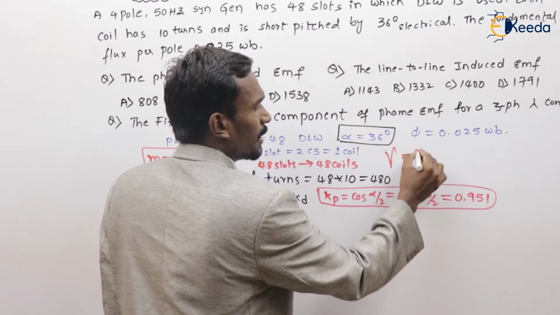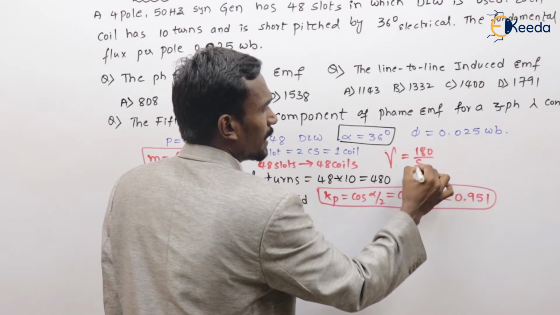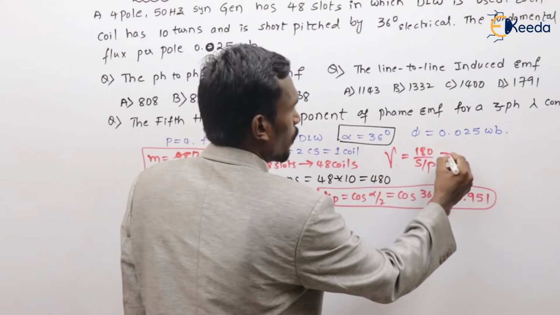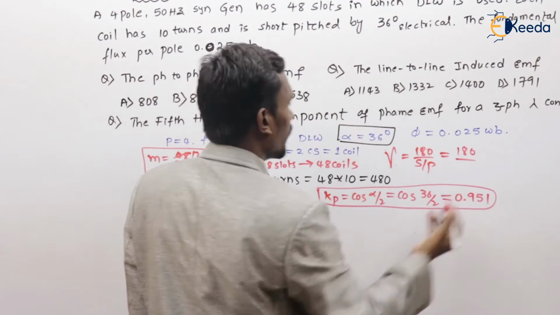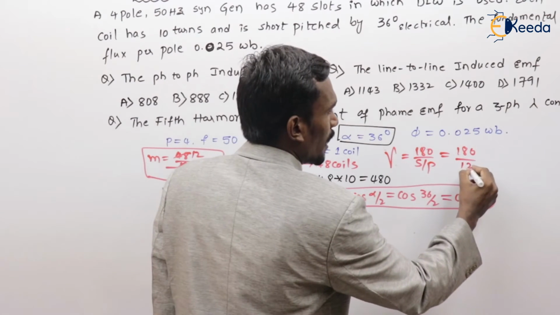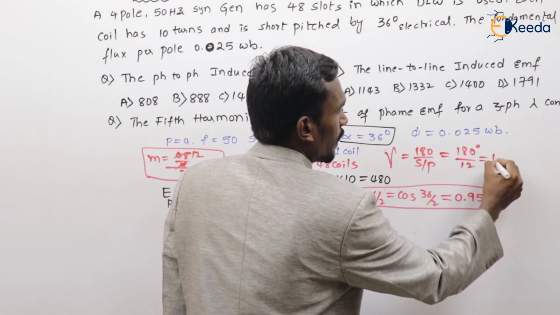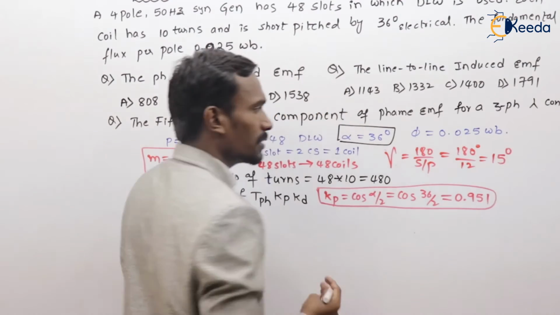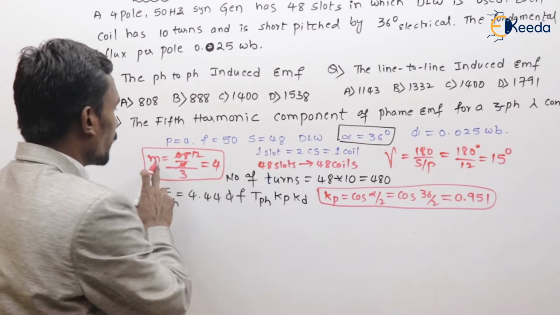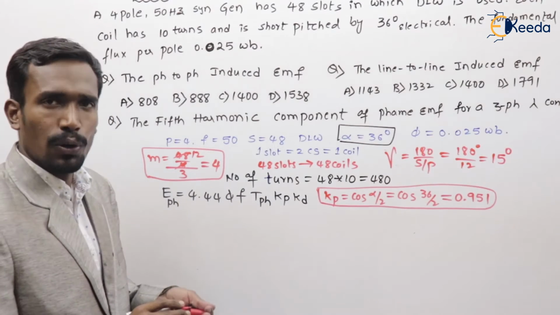Slot angle gamma is equal to 180 by slots per pole. Slots per pole is 12, so this is 15 degrees. The slot angle is 15 degrees and the phase belt m is equal to 4.